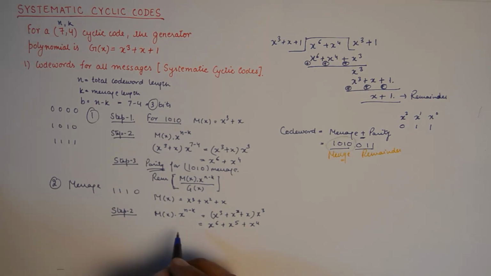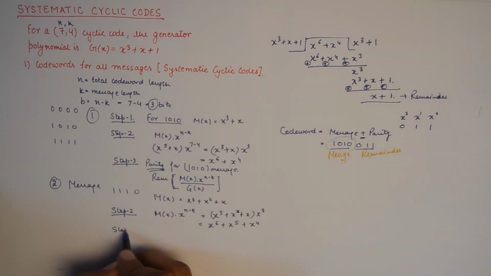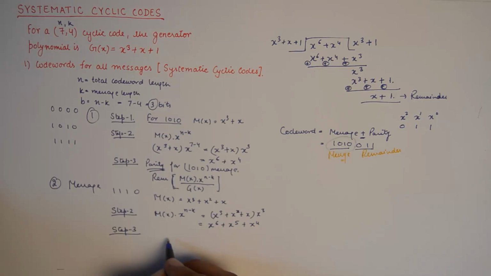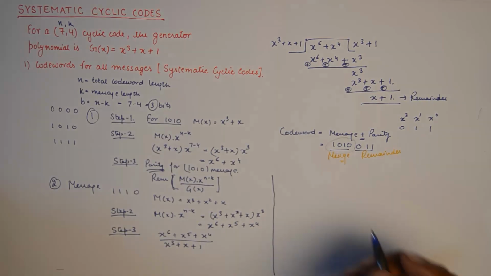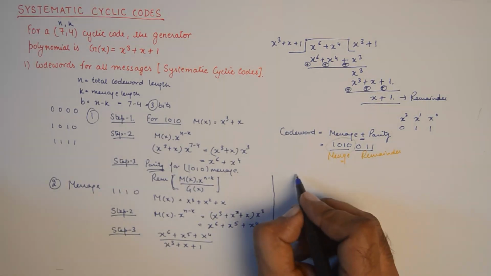So I get this thing in the numerator in step number 3, divided by my generator polynomial, and the remainder of this will become my parity. So let's calculate that.